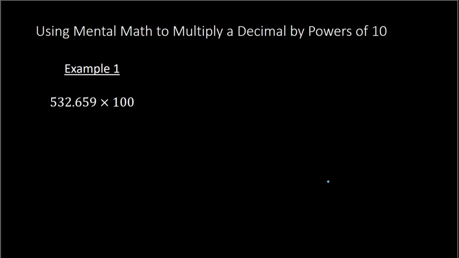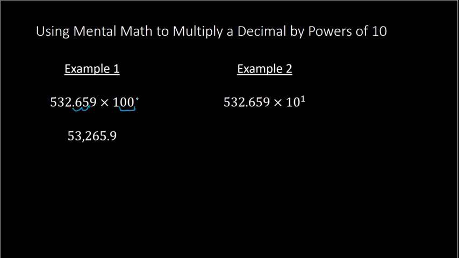So with example 1, we have 532.659 times 100. So notice we have 2 zeros after the 1, which means the decimal point moves 2 places to the right, so it takes it after the 5. So our answer would be 53,265.9. Example 2, we have 532.659 times 10 to the first power.